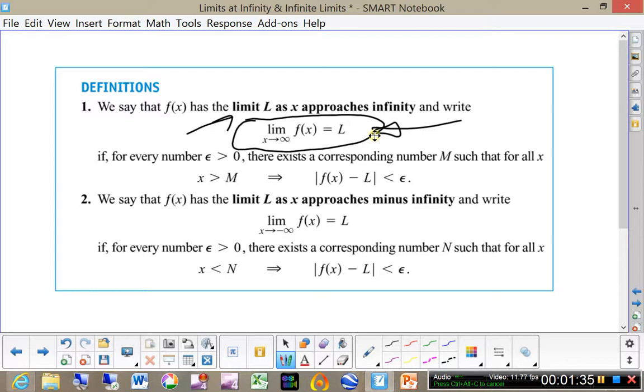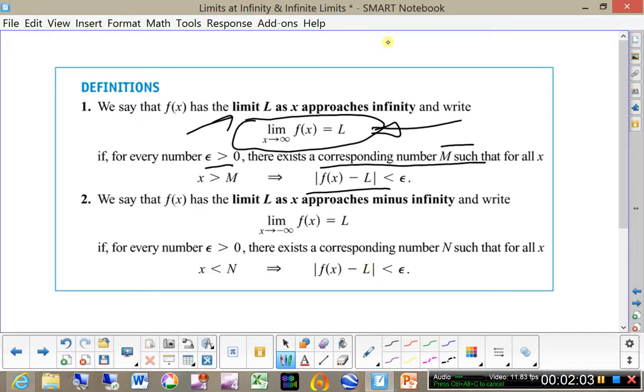And that means that for any small number epsilon more than 0 that you can think of, you can come up with a corresponding number m such that if x is larger than that m, then the absolute value of f of x minus that limit is less than that small number epsilon.